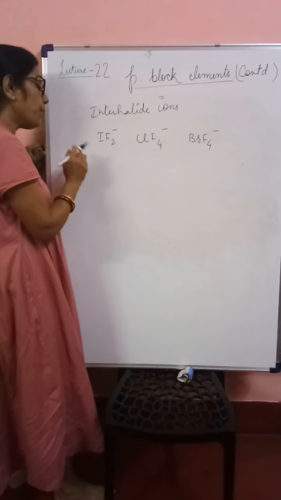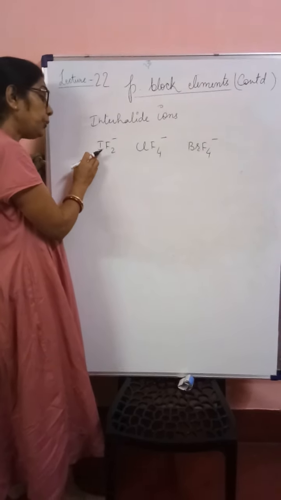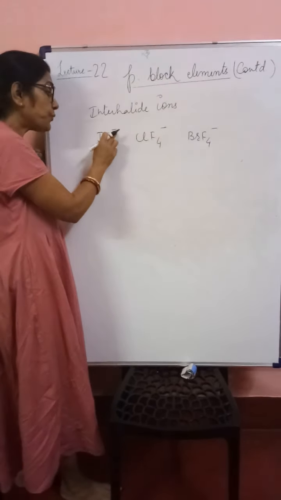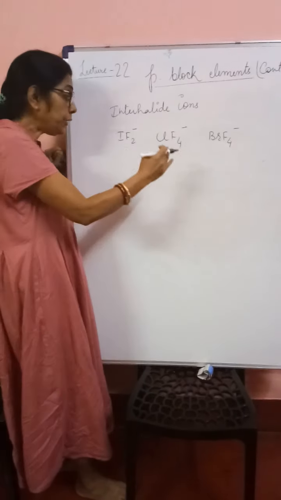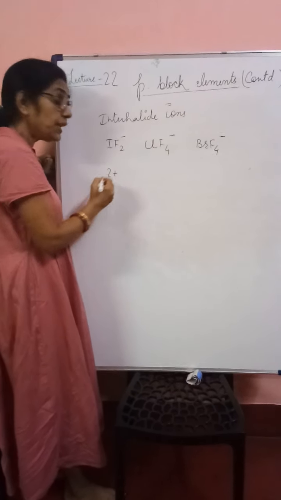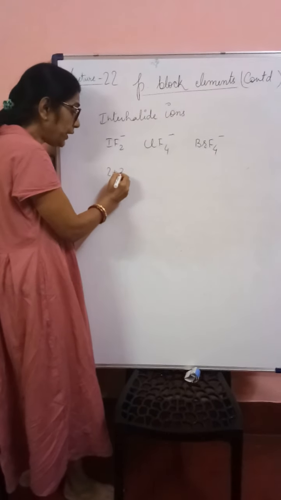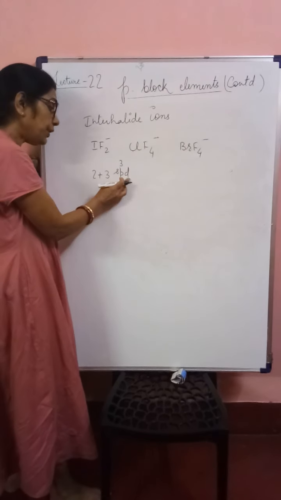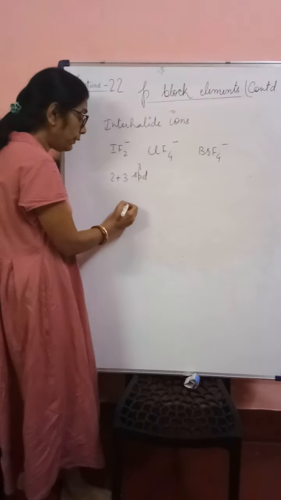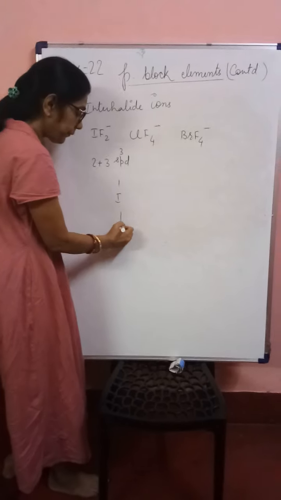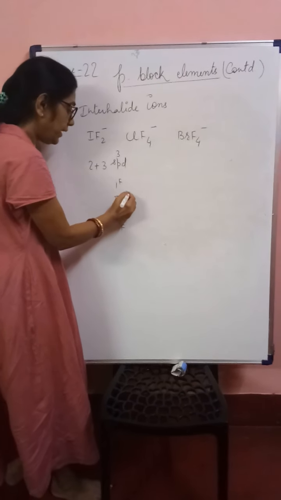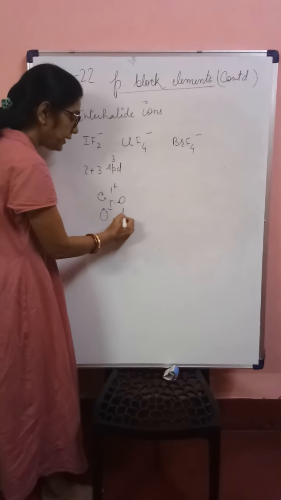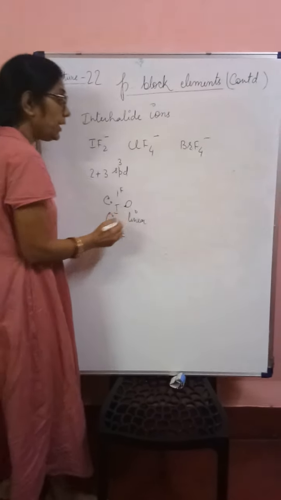For IF2-, iodine has 7 electrons and the minus charge means gain of 1 electron, so 7 plus 1 is 8. Out of 8 only 2 are shared, so 6 are left, which means 3 lone pairs. So the hybridization will be sp3d with 3 lone pairs. Then what will be the geometry? Since there are 3 lone pairs, IF2- is linear in shape.